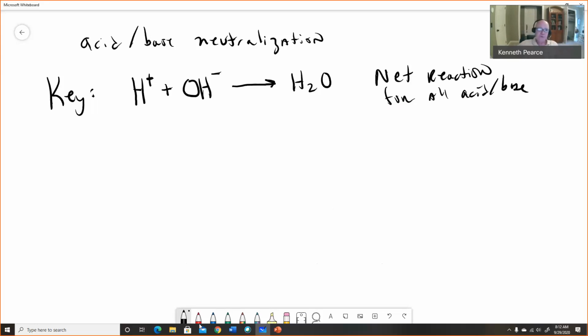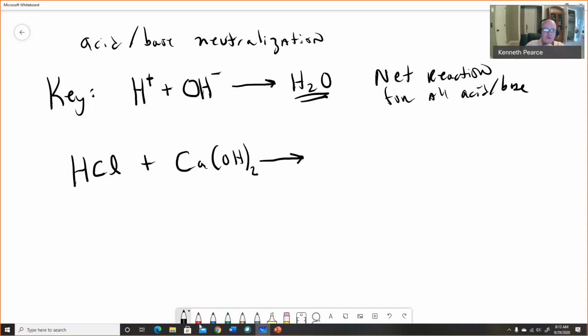Now, balancing acid-base neutralization reactions is actually pretty straightforward if you look at it this way. You have HCl plus, let's say, calcium hydroxide, and I want to know what happens. The product of all acid-base neutralization reactions is going to be water plus its salt.